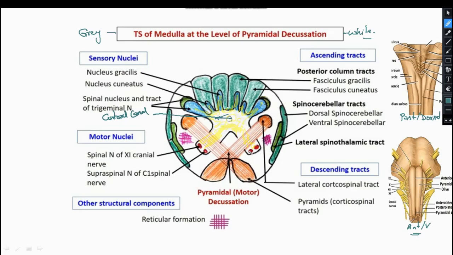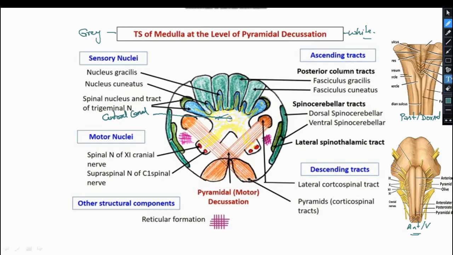At the level of pyramidal decussation, below this level, it is a continuation of the spinal cord. So most of the structures you have already seen in the spinal cord correlate here. In the spinal cord you have seen the anterior and posterior horns, similarly here also. So this is the central gray matter.